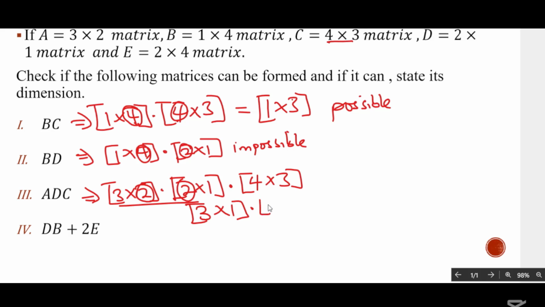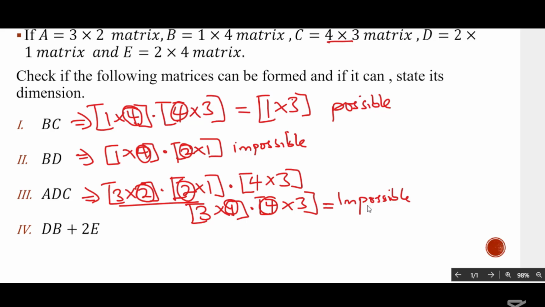Let's dot it with C, which is 4 by 3. So we have 3 by 1, then 4 by 3. Because this one and this one are not the same, it means that this one is also impossible to be multiplied.